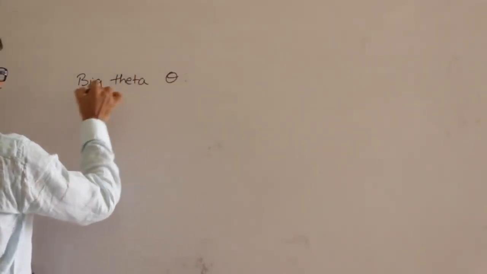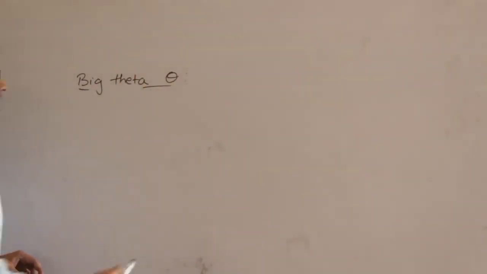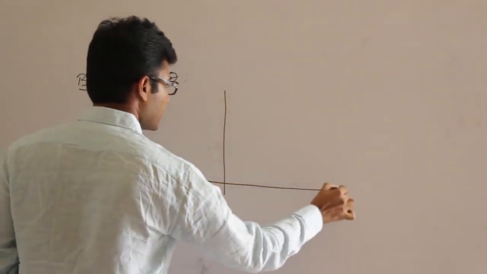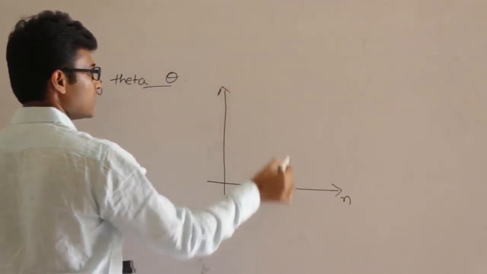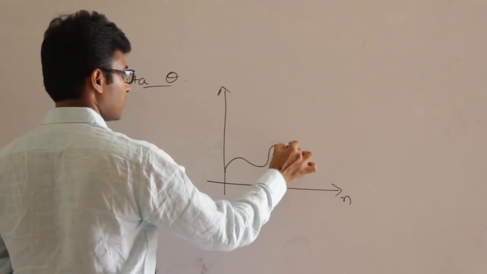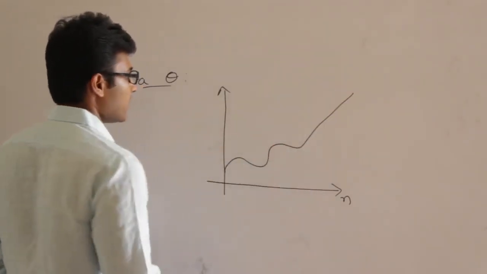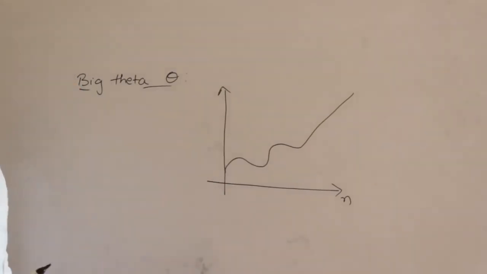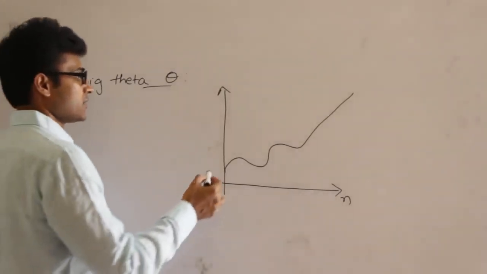Big theta. Okay, so what about big theta is, if I have a function f which is growing with respect to n, where n is the size of the input, then I should find both the upper bound and lower bound by a function just by varying the constant c values.